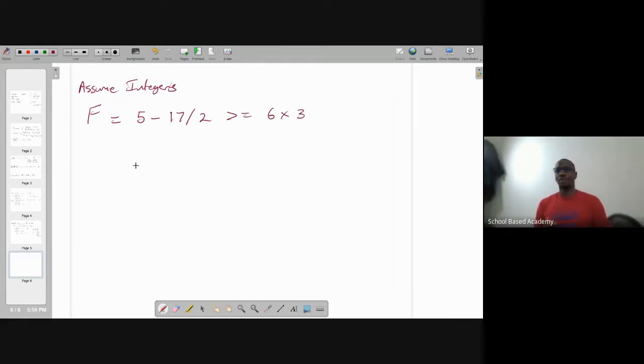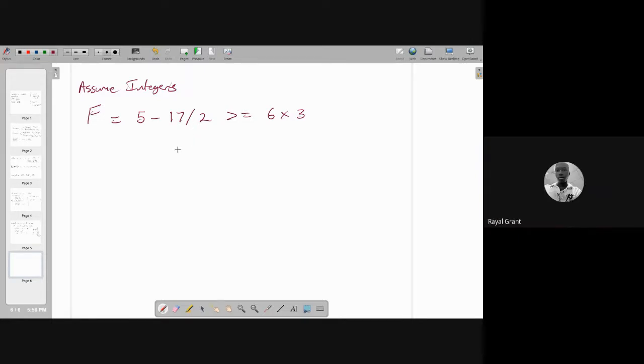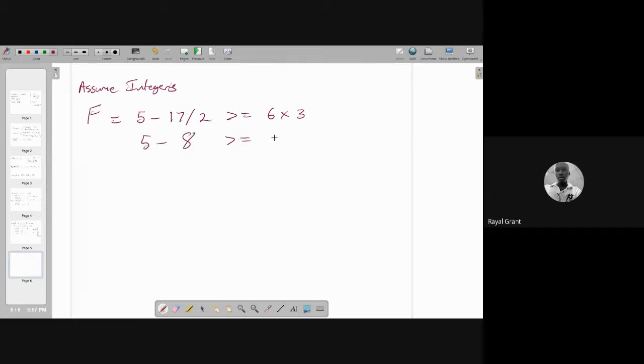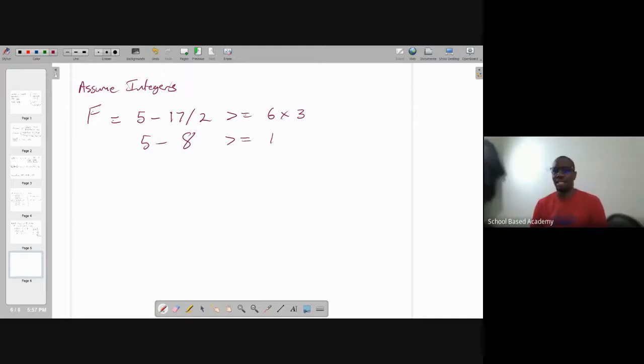Okay, and how did we get that? Well, we have to do the mathematical operations first and then the relational operations. So we can do 17 divided by 2, which is 8. So then we'll end up with 5 minus 8 is greater than or equal to 6 multiplied by 3, which is 18. 5 minus 8 is minus 3. Minus 3 is greater than or equal to 18.